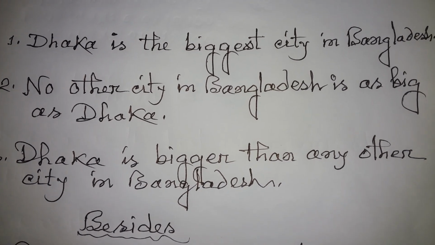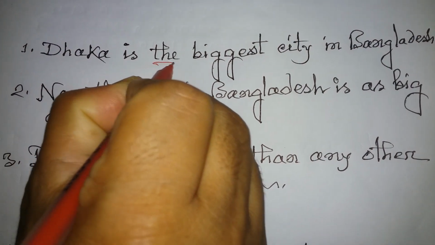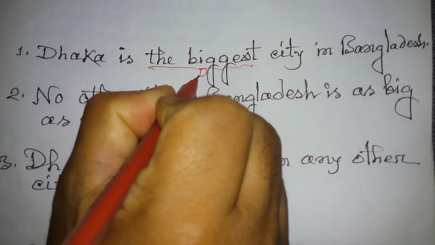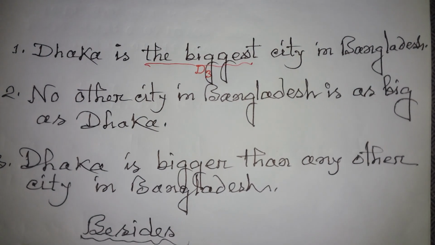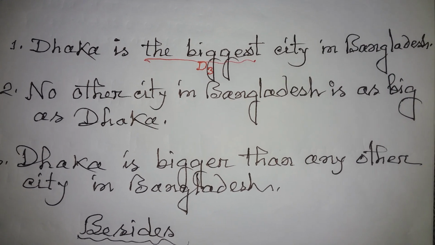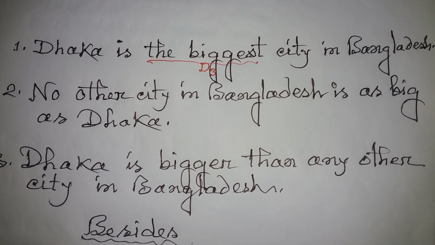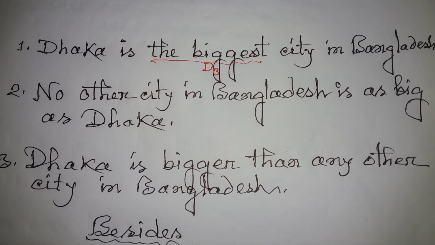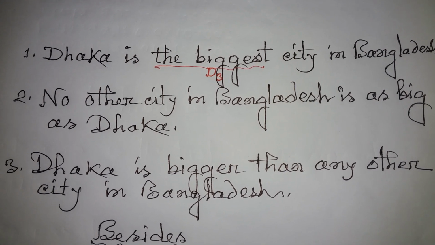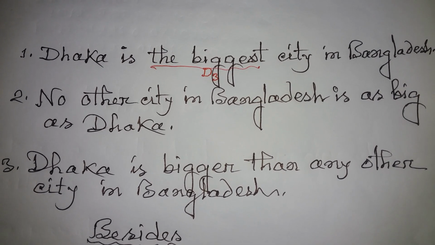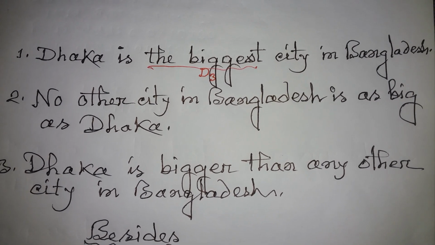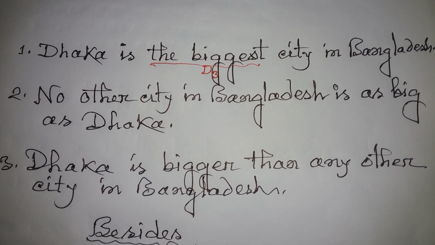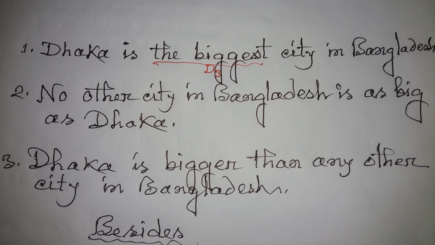Here, the biggest is the D3. D3 is formed from D1 big, D2 bigger and D3 biggest. So we can say that Dhaka is the biggest city in Bangladesh is the superlative degree.